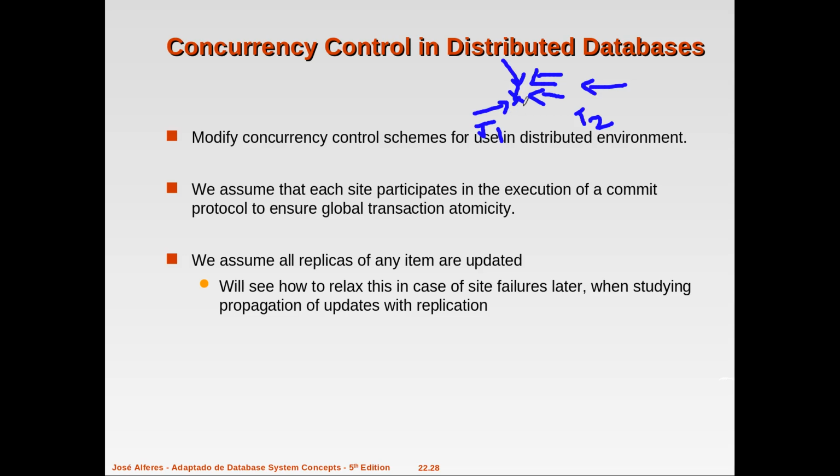This concurrent access to the data item must be controlled in traditional databases and also in distributed databases. So what we need to do with distributed databases is to modify the concurrency control used in traditional databases into a different protocol used in a distributed environment.